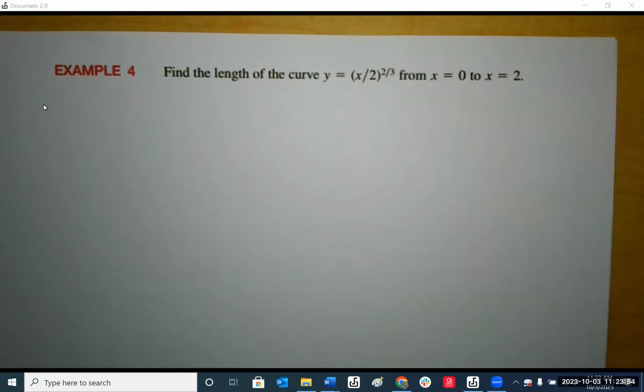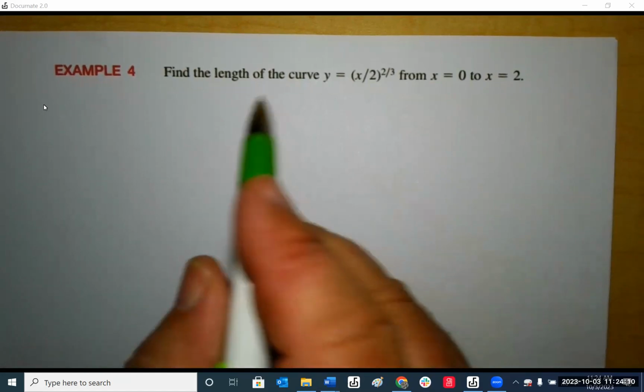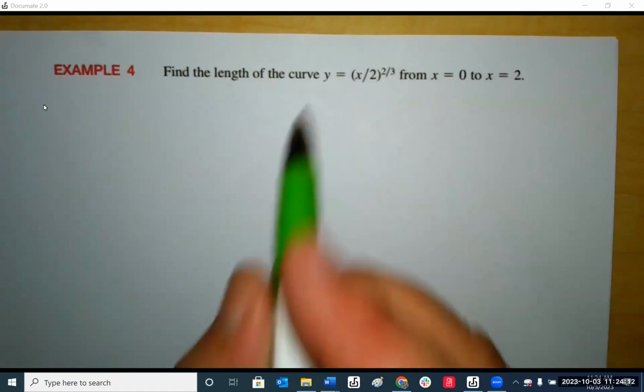What do we do first? Let's first pick up from where we left off. Let's first find the derivative of y.